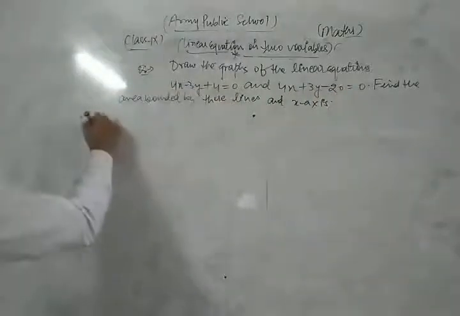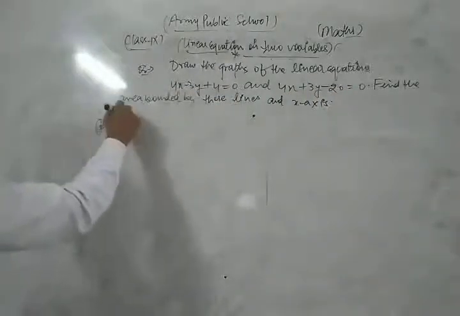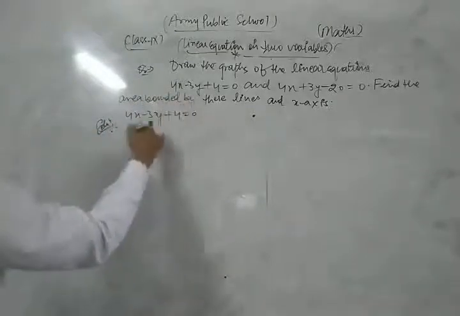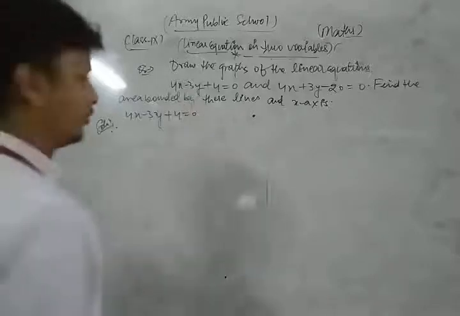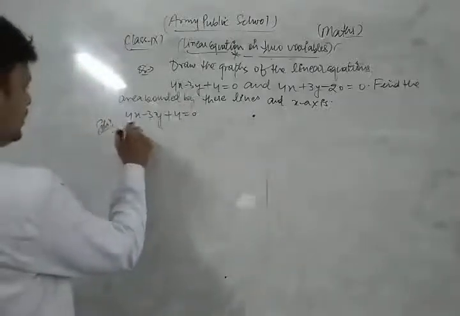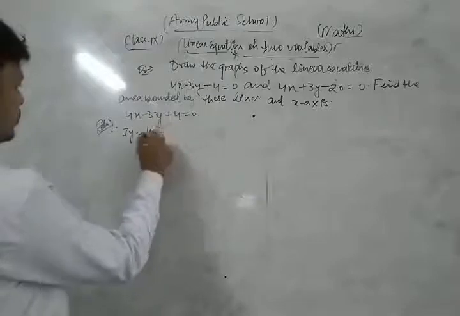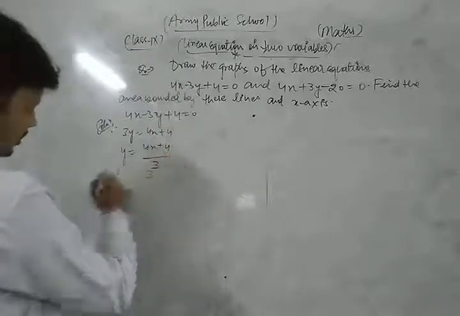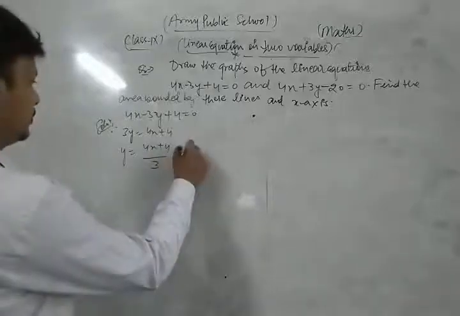Now look at the solution. The first equation is given as 4x minus 3y plus 4 is equal to 0. From this relation we can write 3y is equal to 4x plus 4, so y is equal to (4x plus 4) upon 3. We take this as equation number 1.